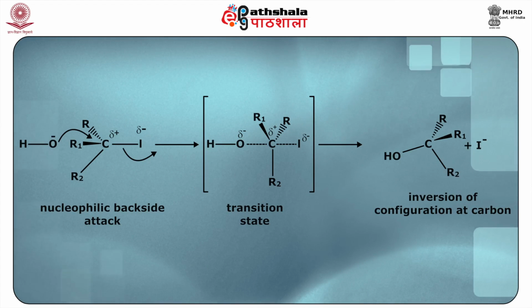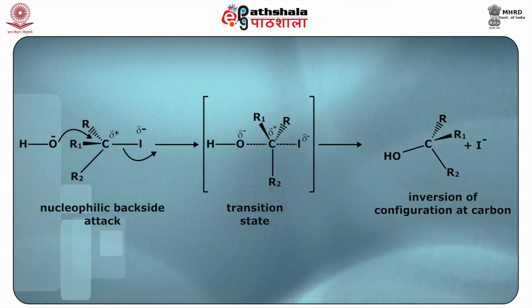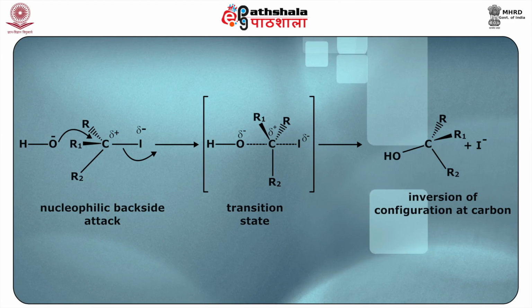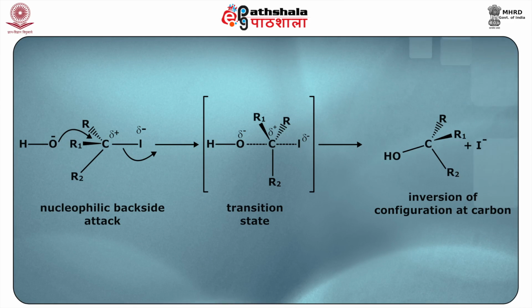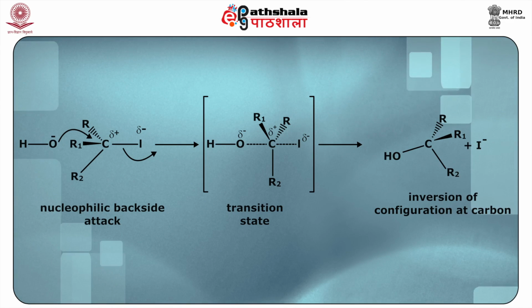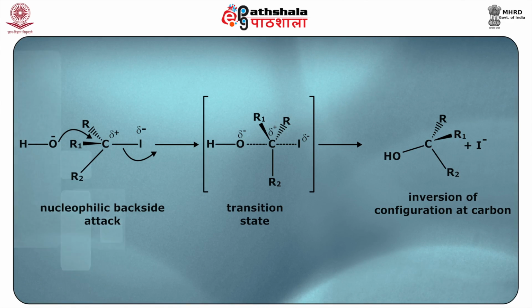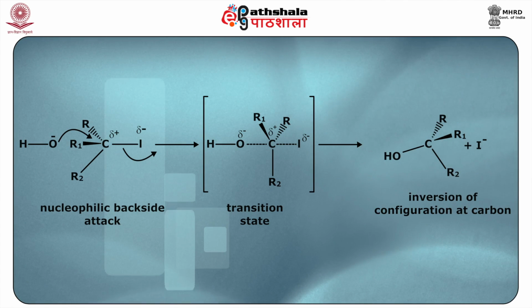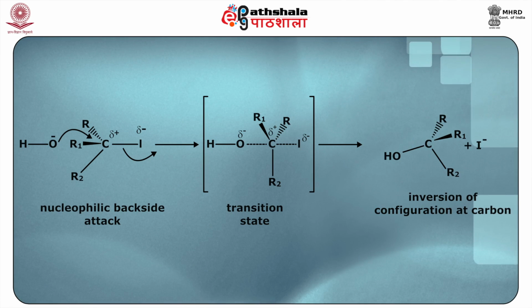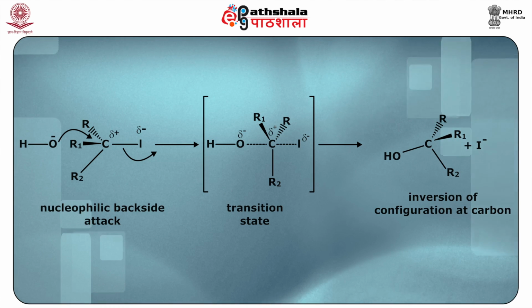In this reaction, the rate of reaction depends on both the concentrations, that is the concentration of the reactant as well as the concentration of the nucleophile. Therefore, the reactivity of all those compounds which proceed through nucleophilic substitution bimolecular process depends on the stability of the transition state.